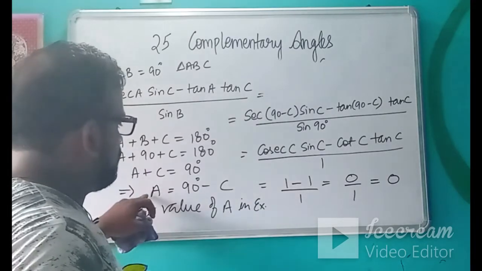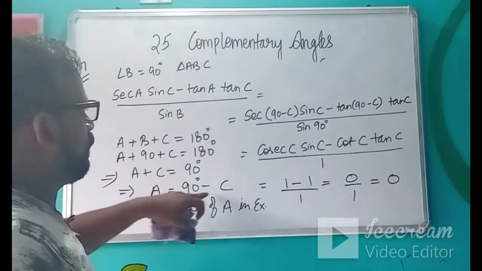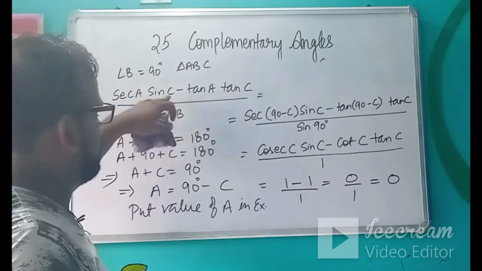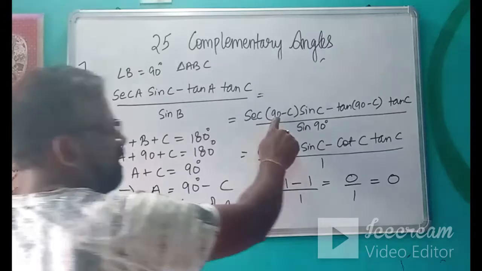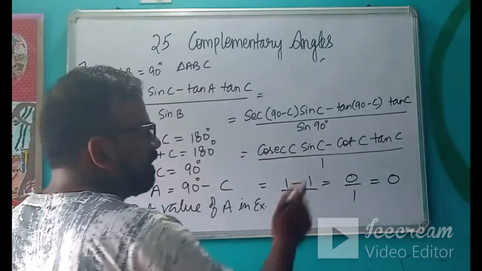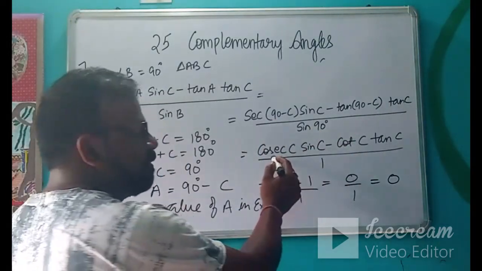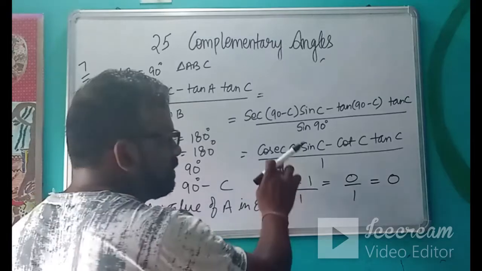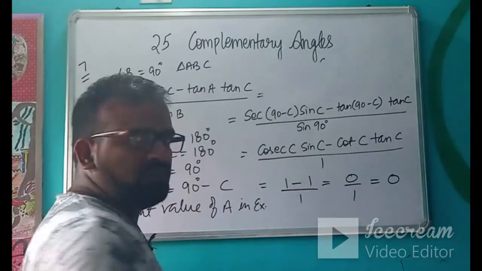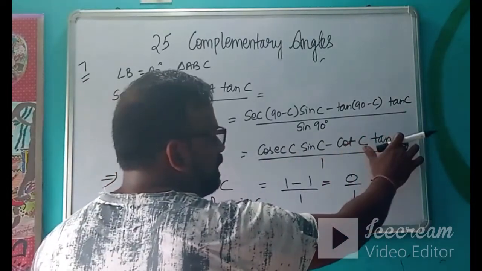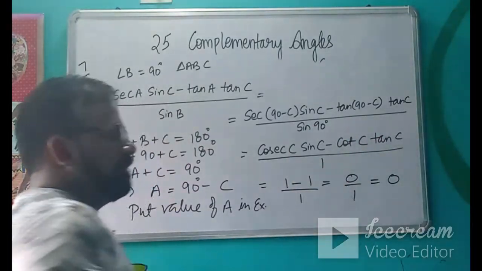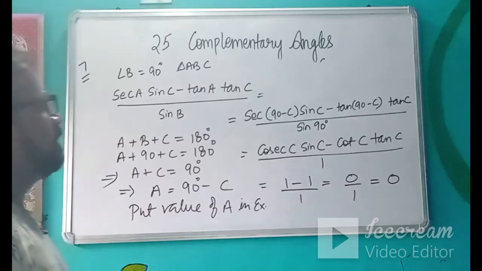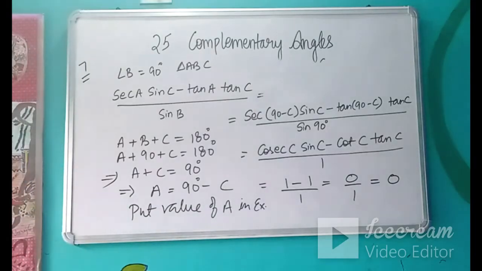So in that case you will replace either A equal to 90 minus C, or you will replace C equal to 90 minus A, and then you will put the respective values like I have put. Then you will use the reciprocal relations that we have studied many times now. Cosec theta into sin theta is 1, cot theta into tan theta is equal to 1, and sin 90 is 1 already, so you will get 1 minus 1 upon 1, that is 0. So this is how you can solve questions like this.